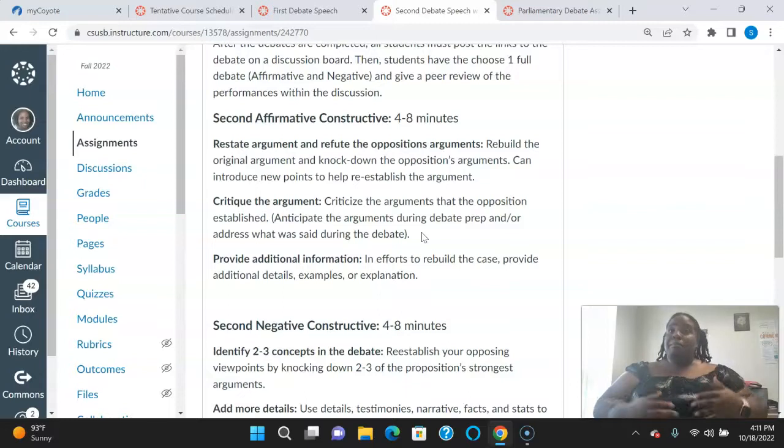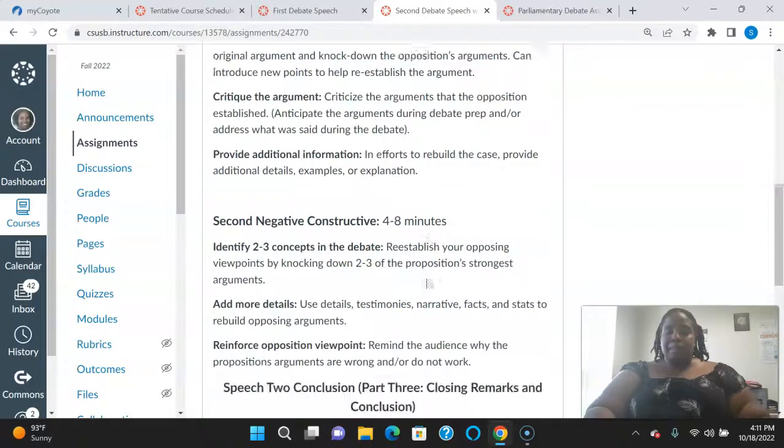Say, for instance, they are in opposition to canceling student loans for college students. So you're going to critique or say why that's not a good idea. And then if you want to provide additional information that rebuilds your case or provide additional details or examples or explanations, go ahead and do so.